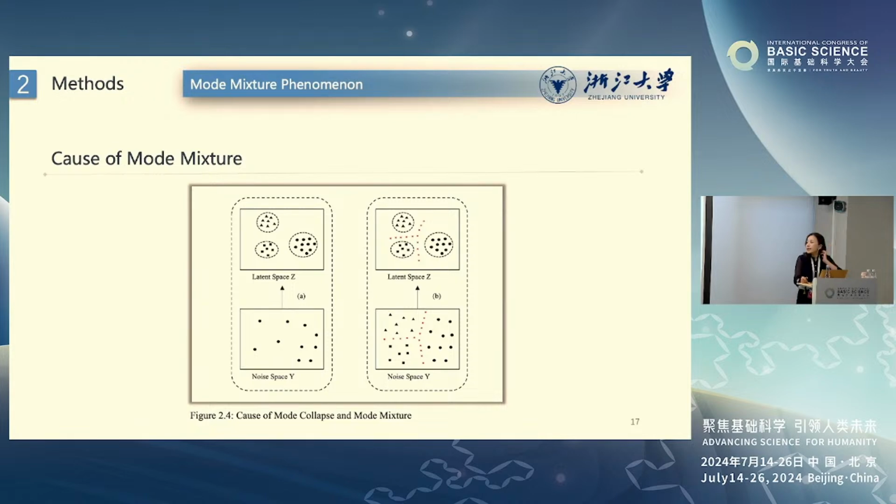Okay, then how we thinking about the model as in error.